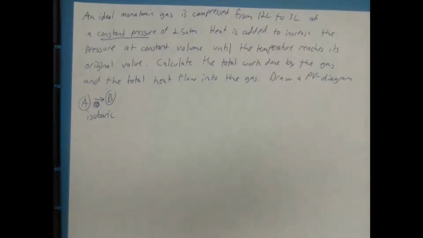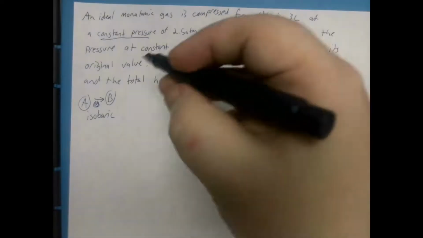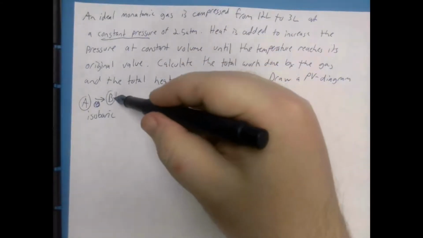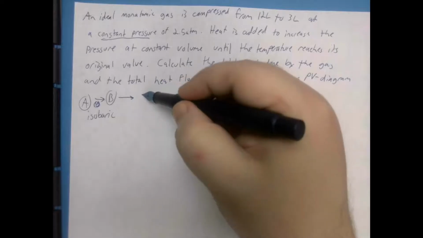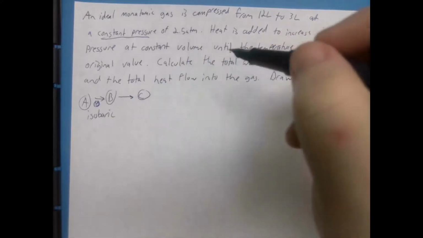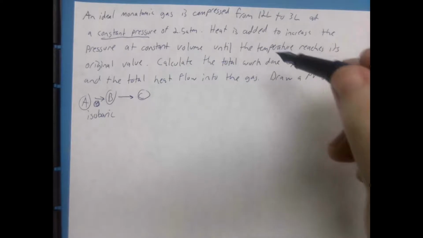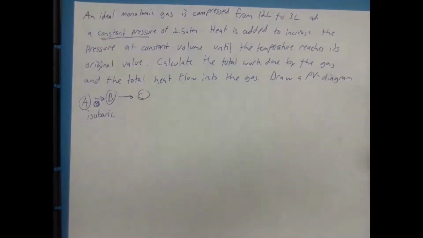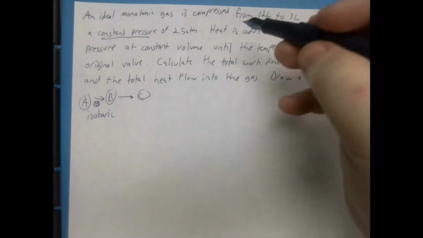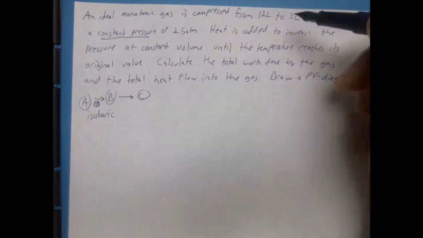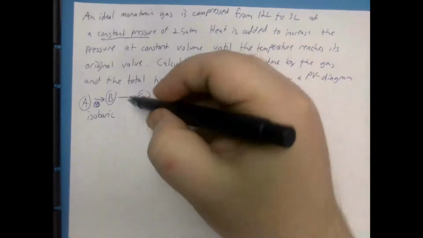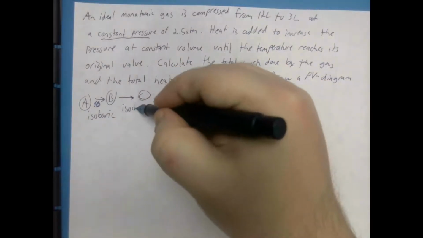So after we reach point B, we're going to go to point C, and we're going to add heat until the system reaches its original value. At this point, we assume the volume is constant, so this will be isochoric.